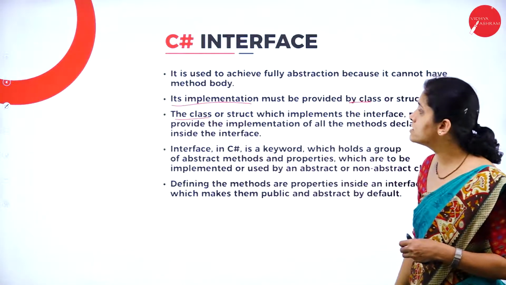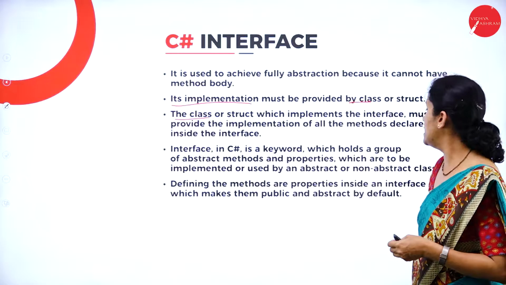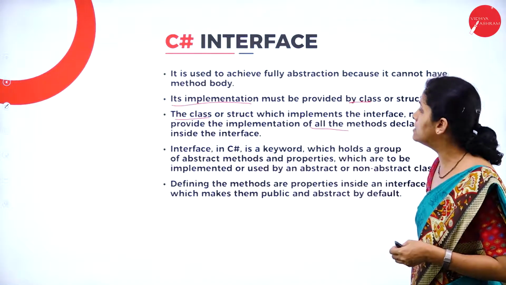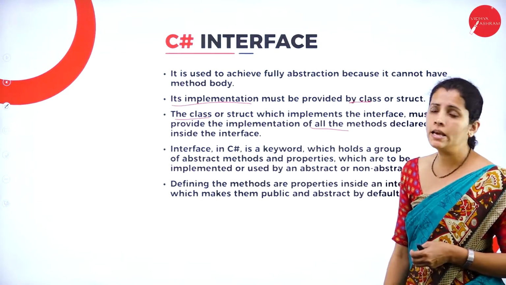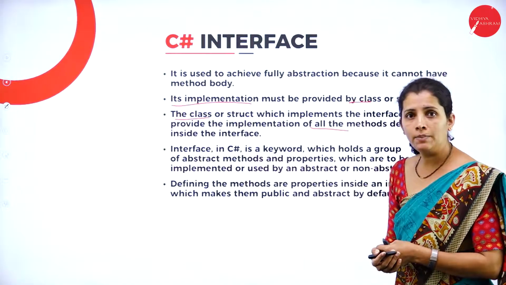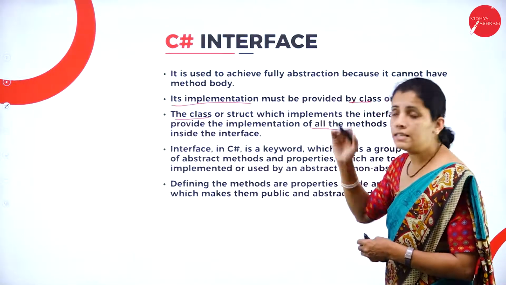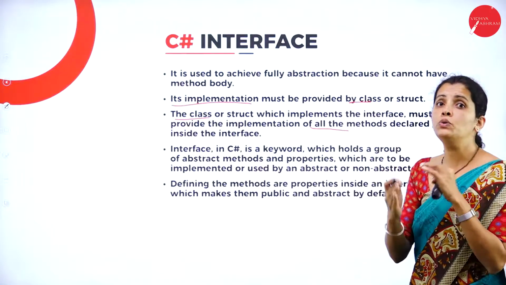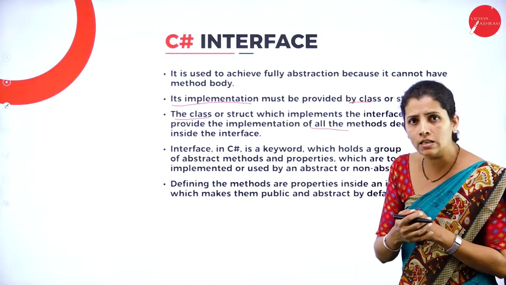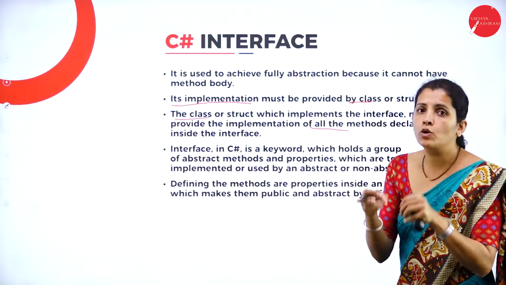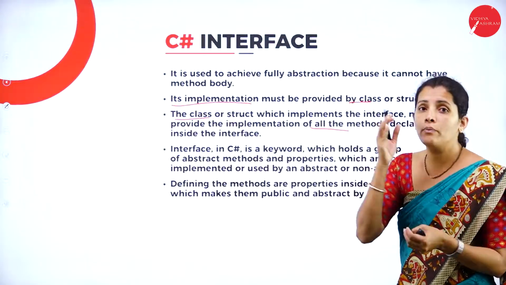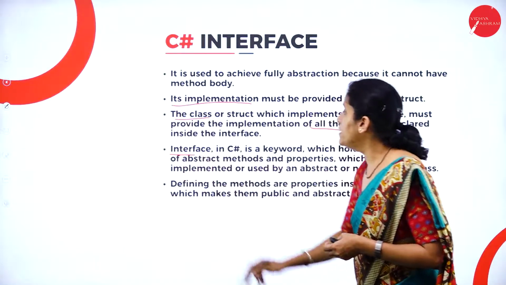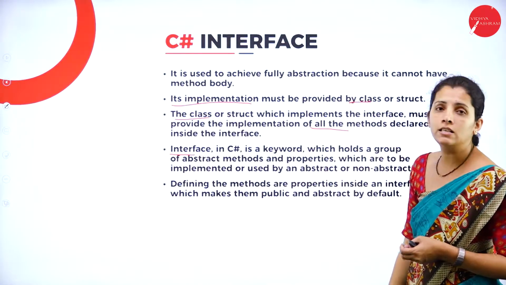The class or structure which implements the interface must provide the implementation of all the methods declared inside the interface. That means if my interface has two or more abstract methods, for each method I want to write the body, and I am going to write the body in my class.